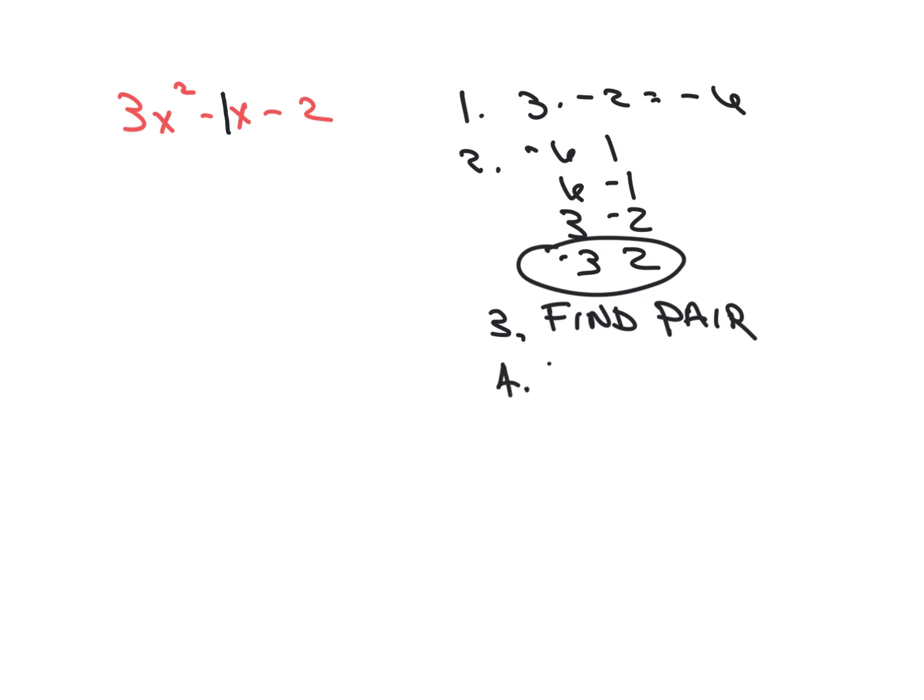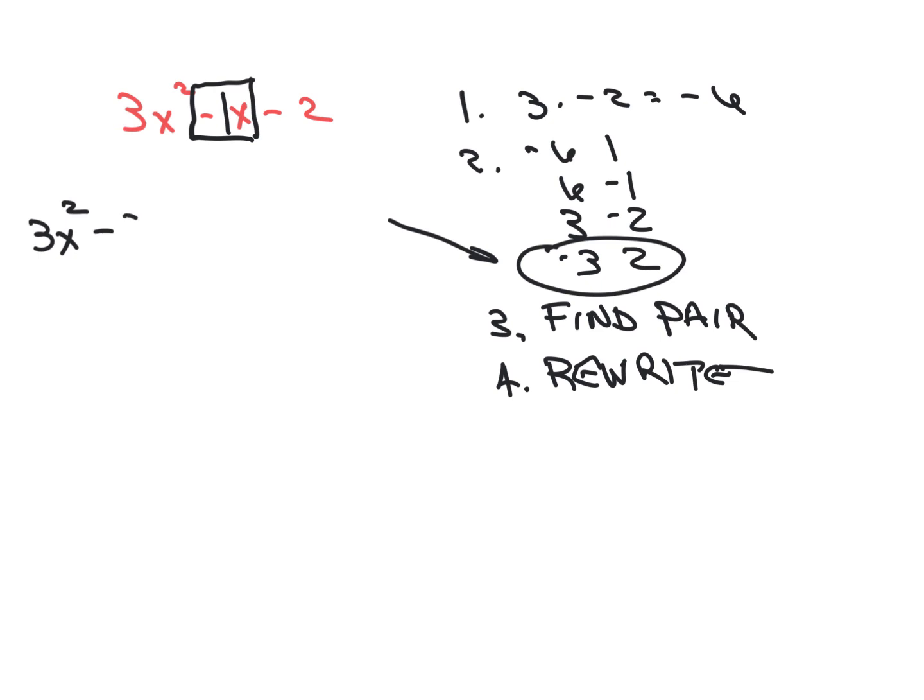Fourth step, we're going to rewrite the problem. So far, we haven't done anything difficult. A lot of steps, but nothing difficult. We're going to rewrite the problem, and instead of putting our negative 1x there, we're going to put this in its place. 3x squared minus 3x plus 2x minus 2.